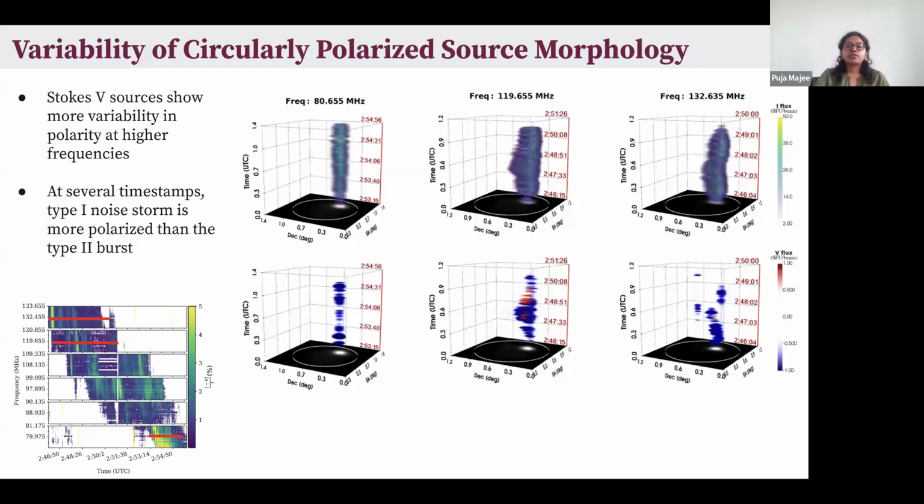So what we tried to do is estimate the magnetic field strength from these images. We took the negatively circularly polarized signature and estimated the magnetic field strength. And then again we estimated the magnetic field strength by integrating all these signatures, and compared both of them.